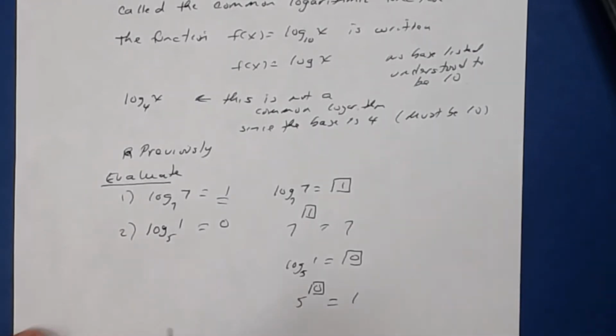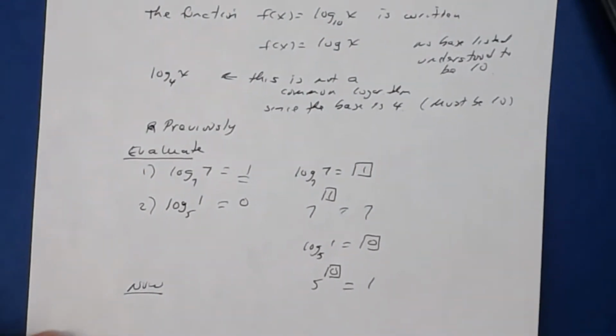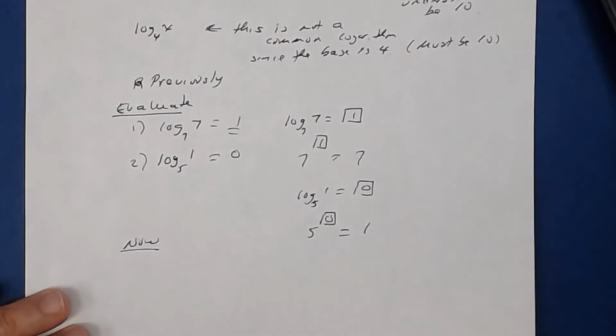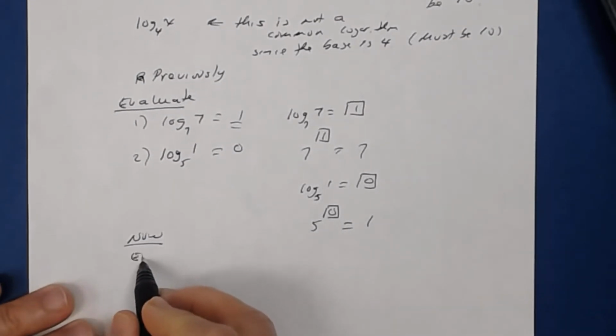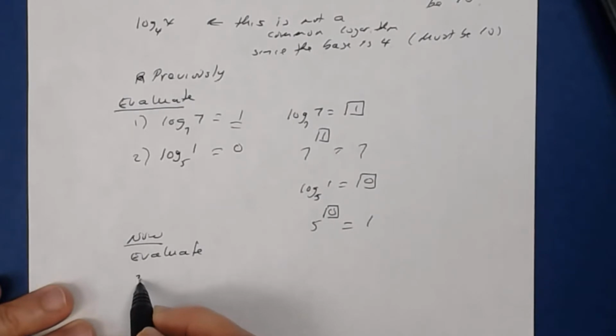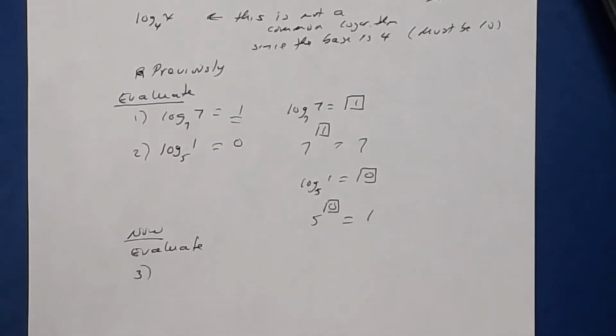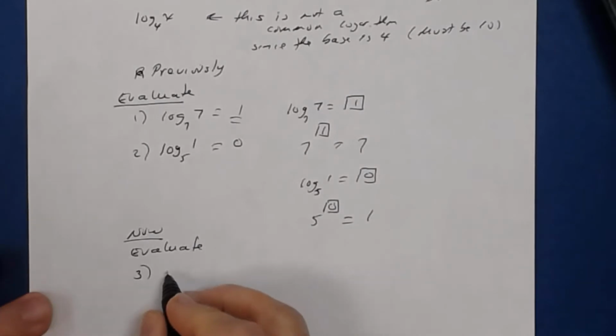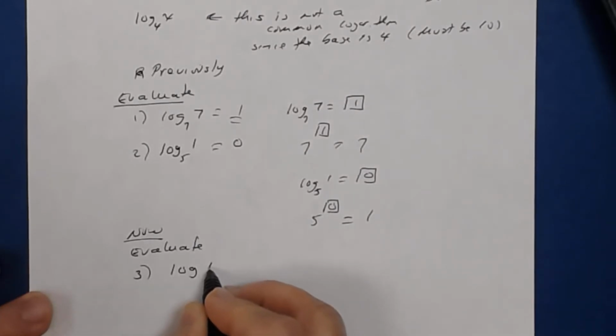Okay? So now I want to look at this in terms of common logarithms. So let's look at this. Evaluate this. Okay, let's write this as number 3. Okay, evaluate number 3. Okay, so let's say we had this, log of 10.